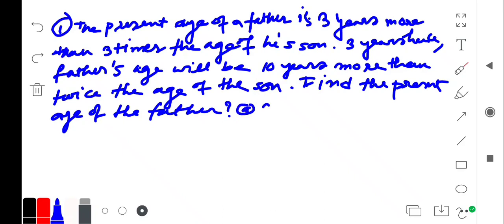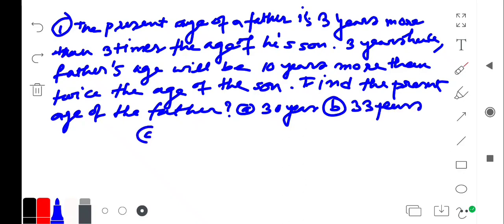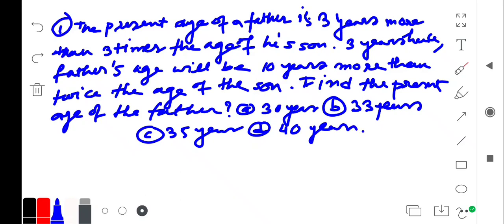Option A is 30 years, option B is 33 years, option C is 35 years, option D is 40 years. Okay, so the present age of a father is 3 years more than 3 times the age of his son. 3 years hence father's age will be 10 years more than twice the age of the son.